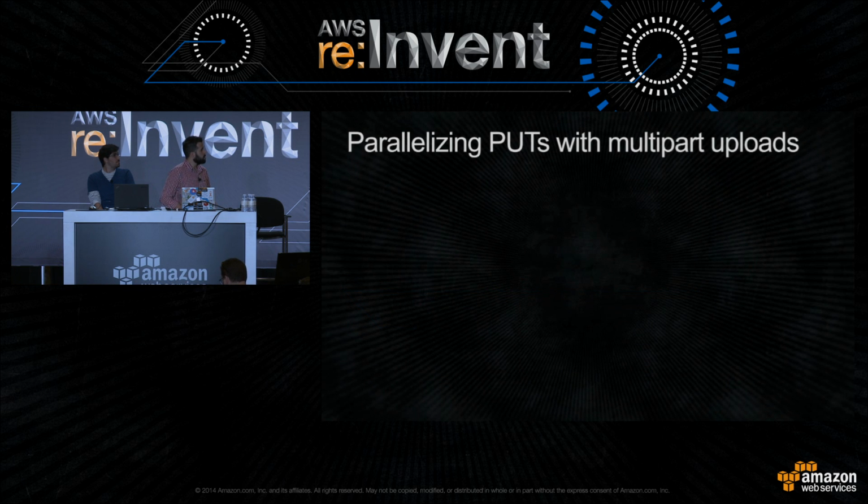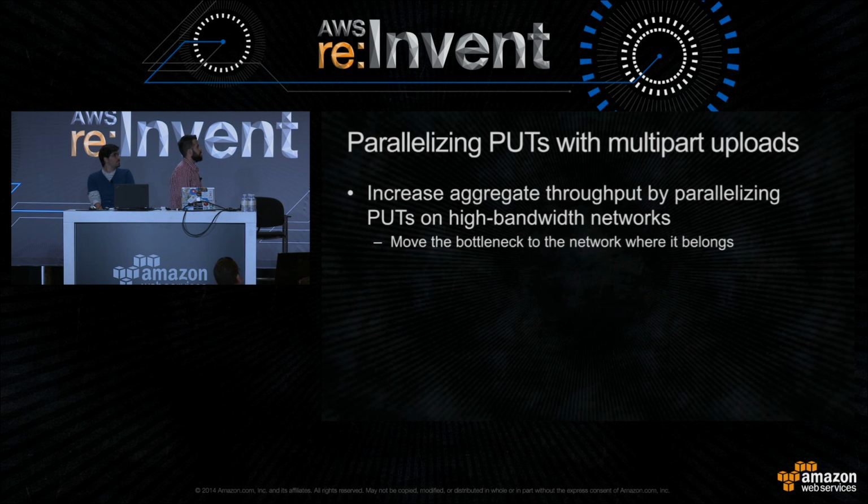And here I would like to talk with you guys about the benefits of parallelizing your PUTs. When you parallelize your PUTs, you are able to increase the aggregated throughput by parallelizing your uploads on higher bandwidth networks. And when you do that, you're able to move the I/O bottleneck to where it belongs. So it goes to the network. The network will take care of that, right?